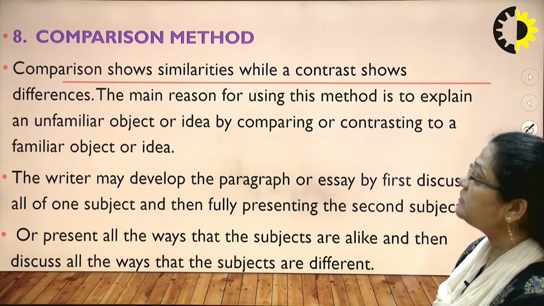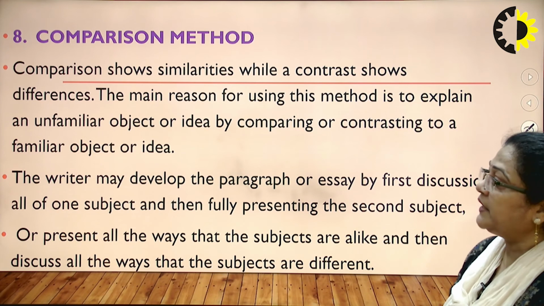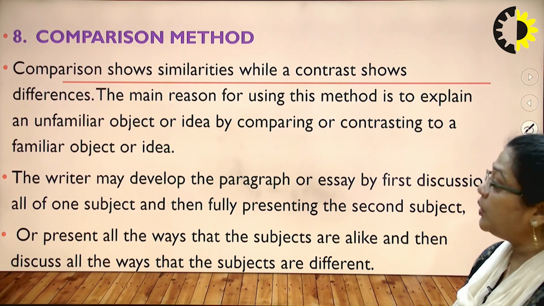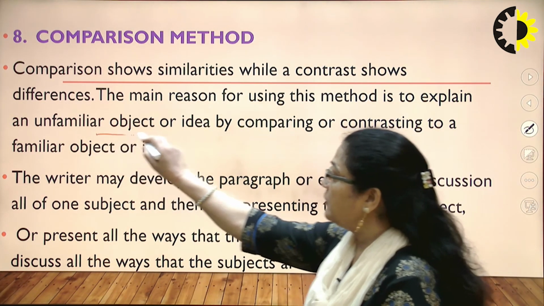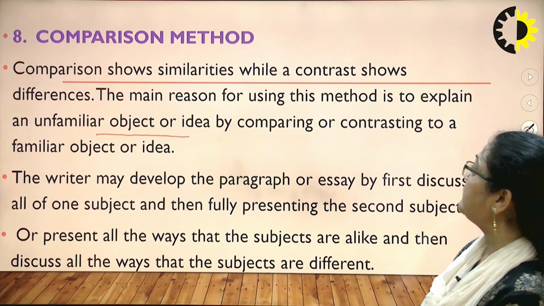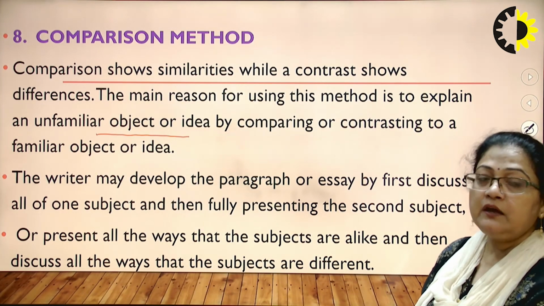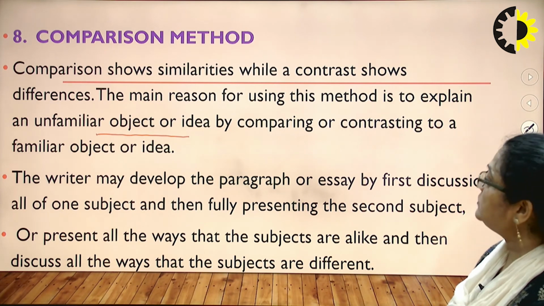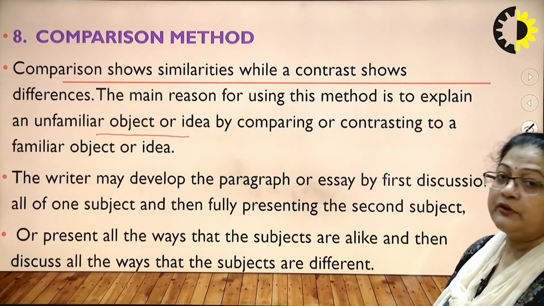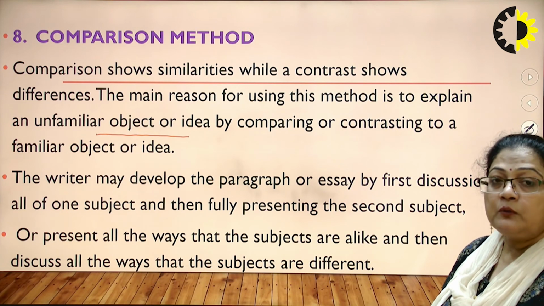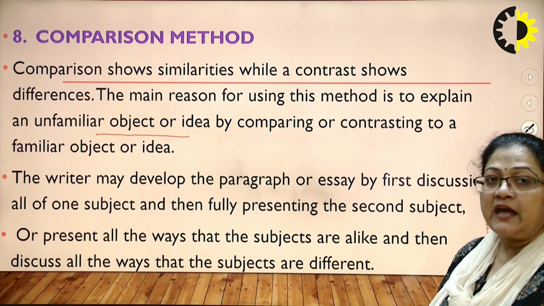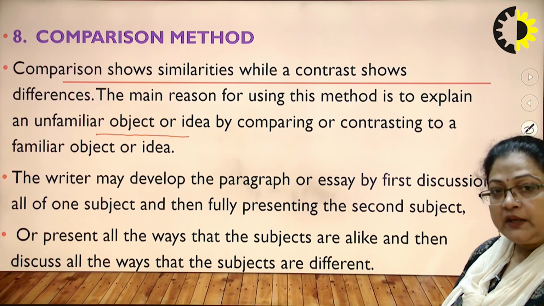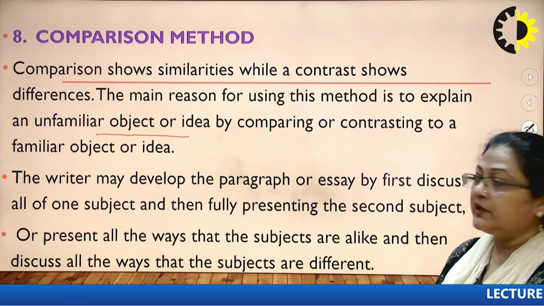The main reason for using this method is to explain an unfamiliar object or idea by comparing or contrasting it to a familiar object or idea. So, this comparison method can be used by writers for technical writing, for effective writing, to bring out the difference and the similarity of a familiar object with an unfamiliar object.